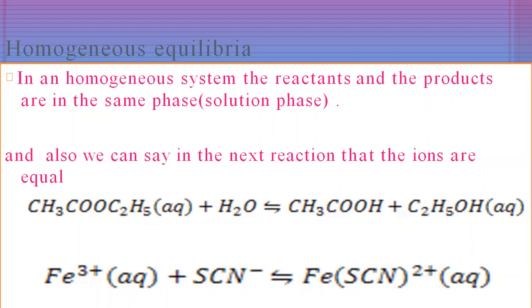Now, what is homogeneous equilibrium? In a homogeneous system, the reactant and the product are in the same phase, meaning solution phase. If you are taking a compound or reactant in gaseous phase, then all must be in gaseous phase, the product and reactant both.